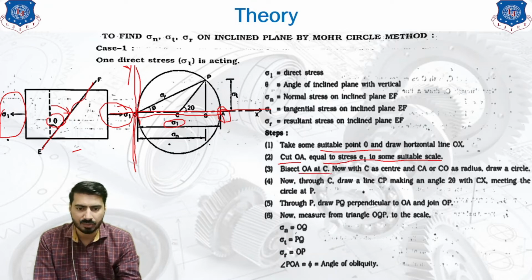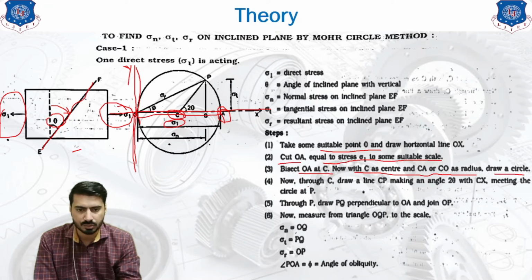Bisect OA at C. So we have bisected OA at point C over here. Now consider C as the center and CA or CO as the radius. So we have taken this as the center and CA as the radius, and we have drawn a circle. This circle is known as the Mohr circle.